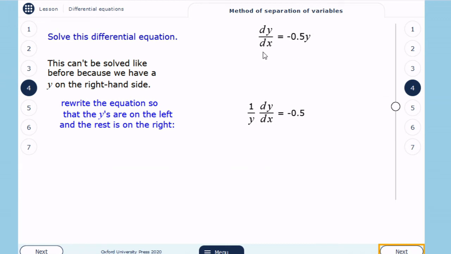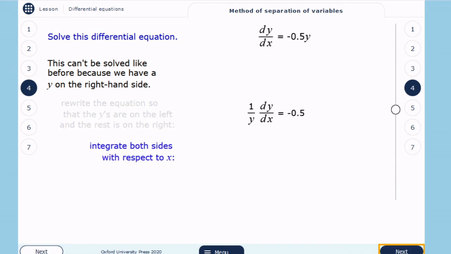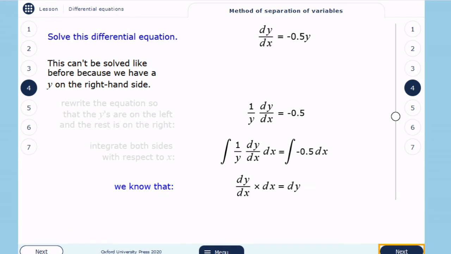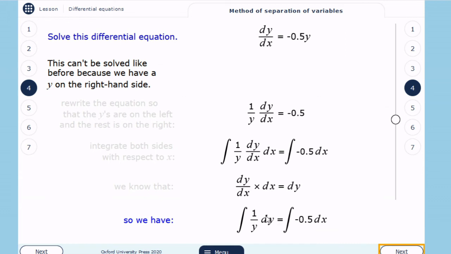So you see, I move y here, so it's 1 over y, dy dx equals minus 0.5. Integrate both sides with respect to x. We know that here dy times dx over dx is dy. So basically, I will have 1 over y dy equals minus 0.5 dx.